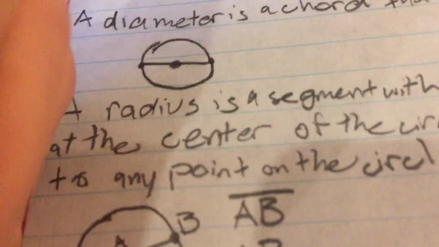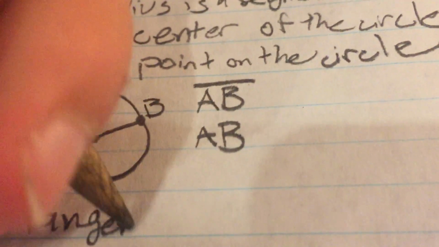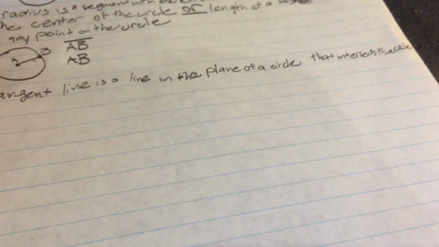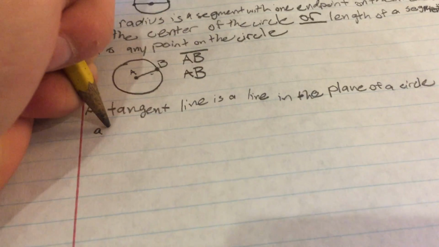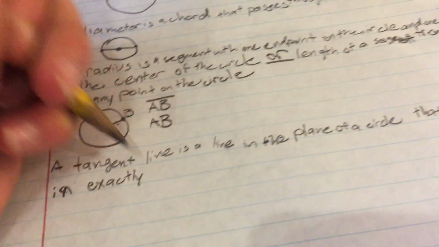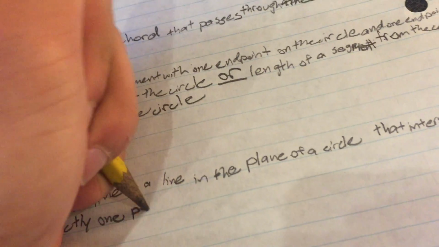And then tangent. A tangent line is a line in the plane of a circle that intersects the circle in exactly one point.